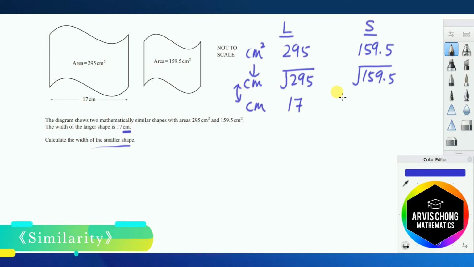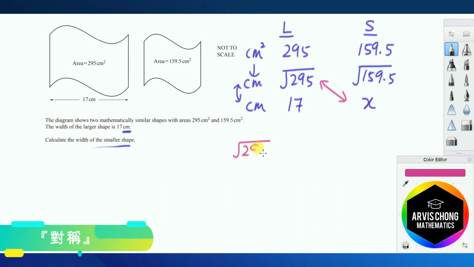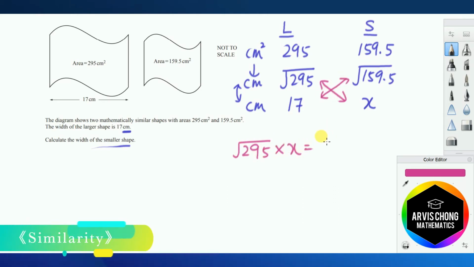For the smaller shape, we have no idea, that's why we just put it as x here. To find the answer, we can cross multiply. So we'll have square root of 295 times x equals 17 times square root of 159.5.